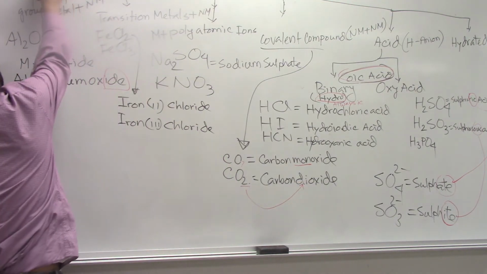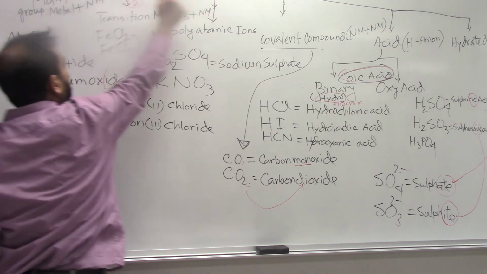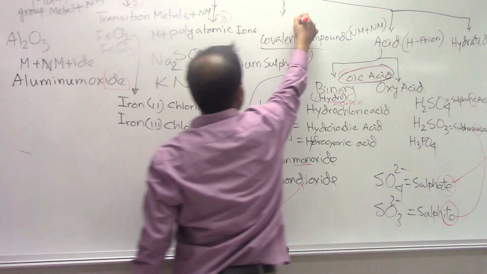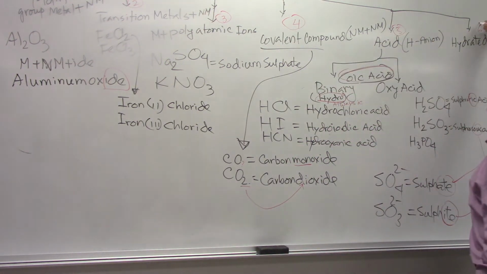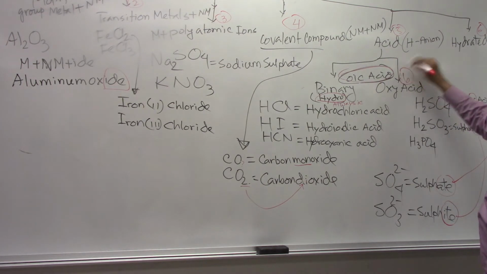So this is number 1, number 2, number 3, number 4, number 5, and number 6. Or you can say 6 here, and this one you can say 7. So oxy acid is 6 and hydrate salt is 7. Hydrate salt is actually an easy one.